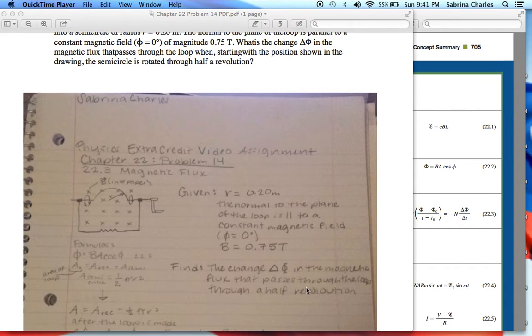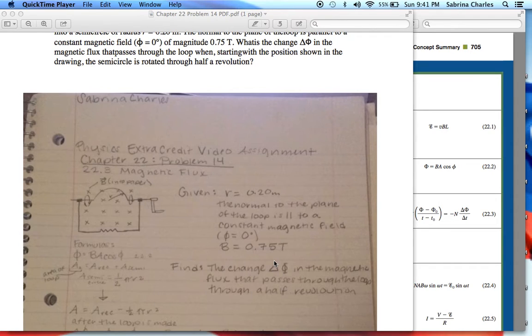We also know that the angle is 0 degrees, and the magnitude is 0.75 Tesla. So they want us to find the change in the magnetic flux that passes through the loop through a half revolution.